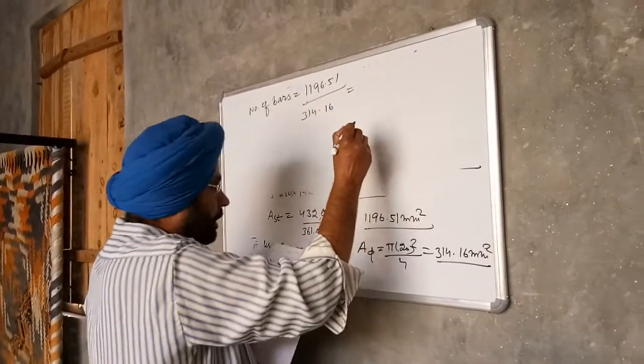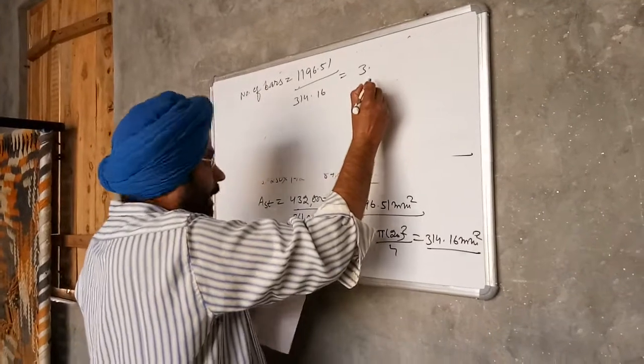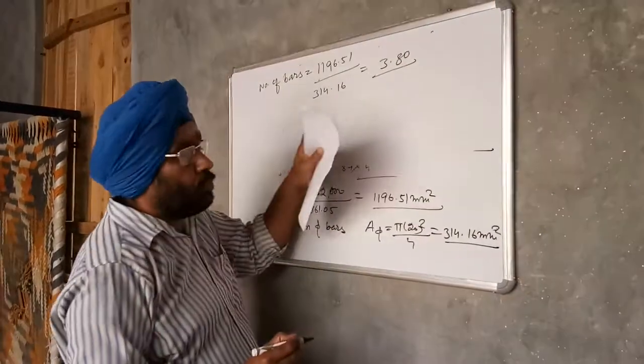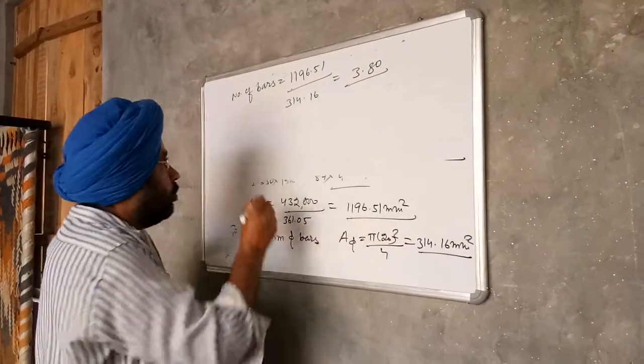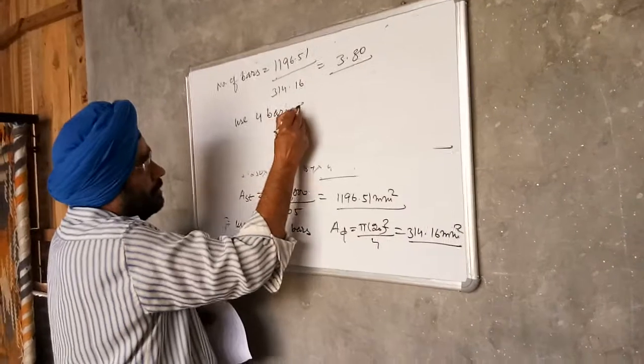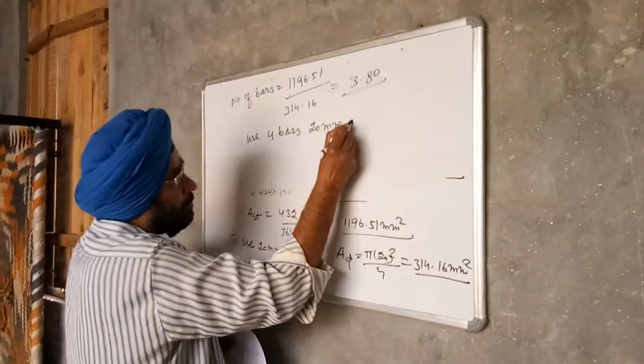The value is 3.80. So it means use 4 bars. Number of bars 3.80 means use 4 bars. So use 4 bars 20 mm dia.